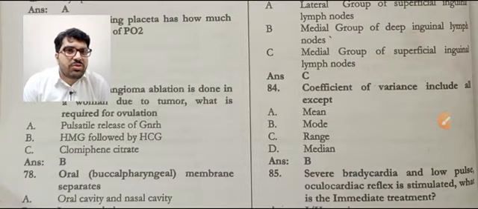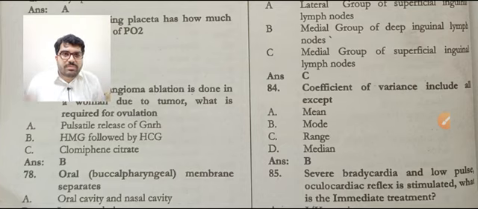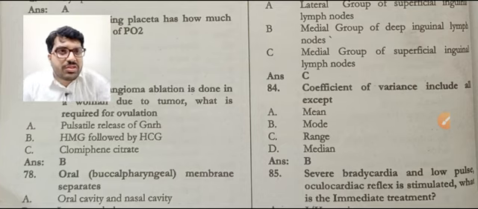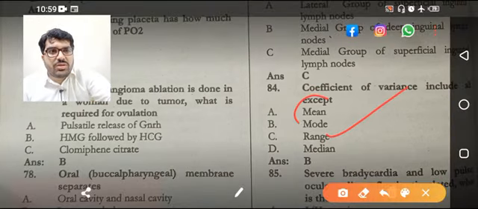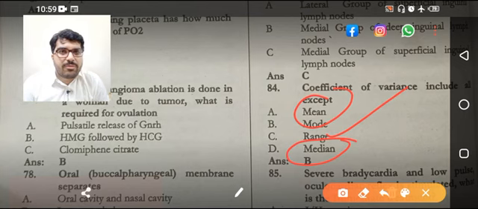Coefficient of variance includes all except... Now we discussed previously the coefficient of variance. They are talking about dispersion. The dispersion is actually the range over here. All other three are actually central tendency.